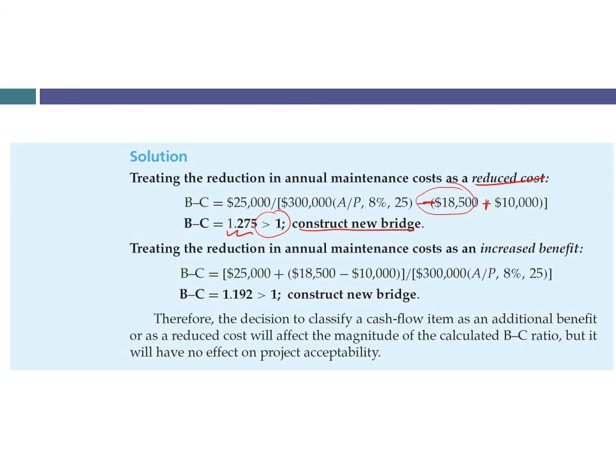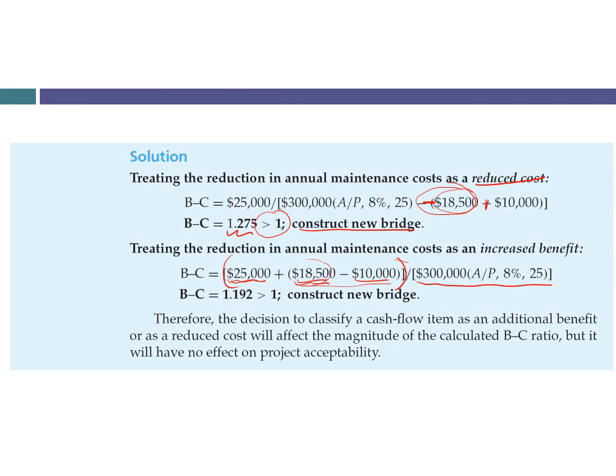If we assume instead this 18,500 as an increase in our benefits, we can write it in the numerator: 25,000 plus 18,500 minus 10,000. So we are considering the change in the annual maintenance cost as an increased benefit in the numerator.